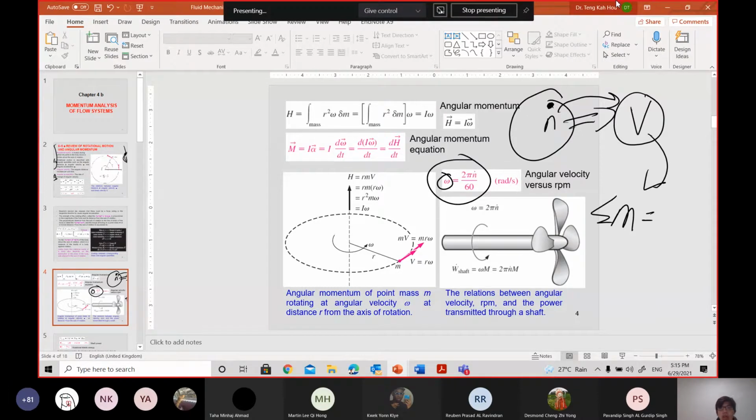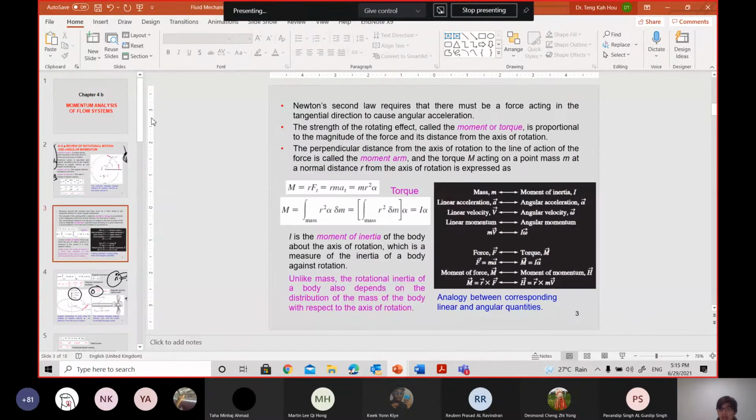Okay, so what I would like to highlight over here. As I said, this is the derivation of how the summations become RmV. I don't expect you to know that. Just in case you forget it's RmV, you can derive it from I omega. Because as I mentioned last class, angular momentum is equal to I omega, and linear momentum is mv.